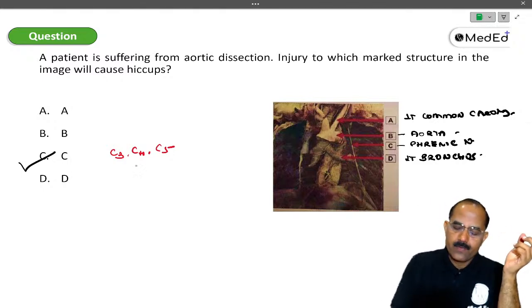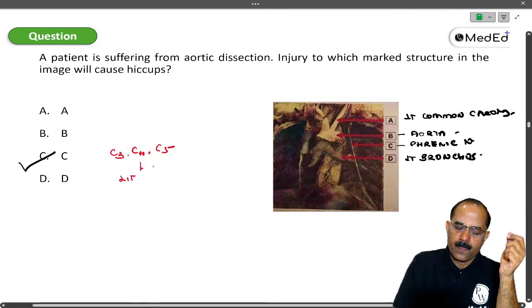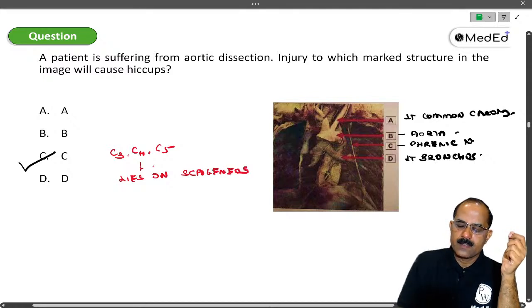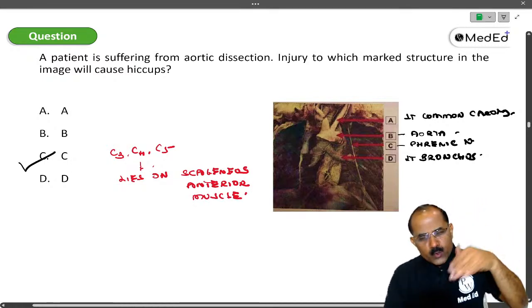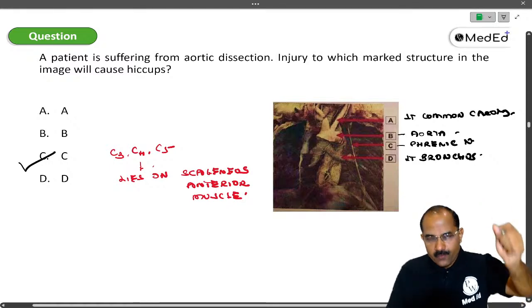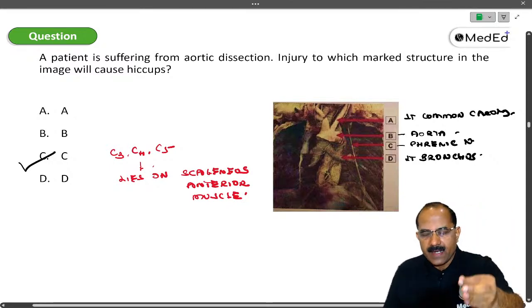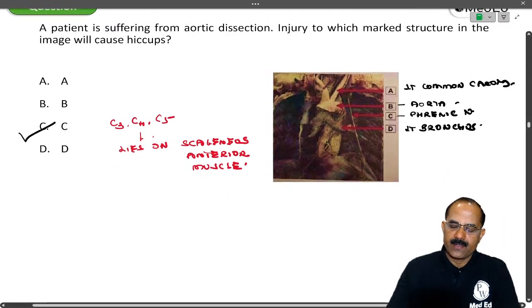The phrenic nerve lies on scalenus anterior muscle. दूसरा MCQ है. Phrenic nerve lies on which muscle? The scalenus anterior muscle.